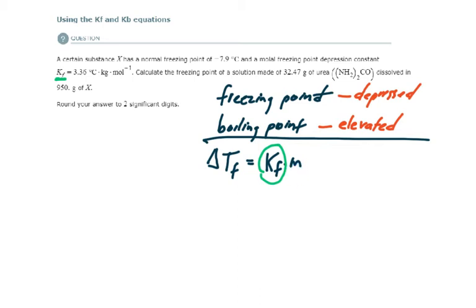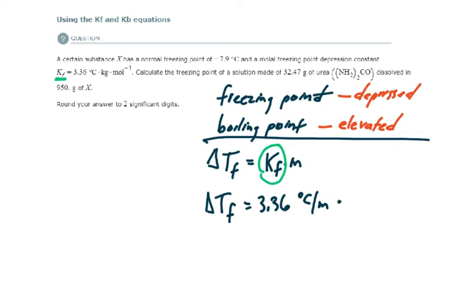Okay? So the freezing point depression is equal to the molal freezing point depression constant, which is 3.36 degrees Celsius per molal, times our molality.